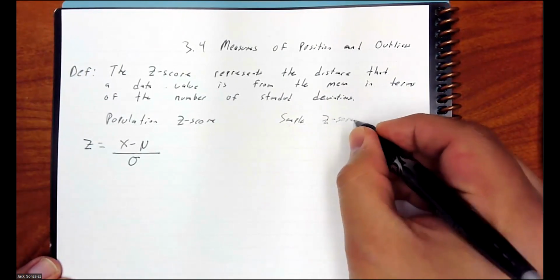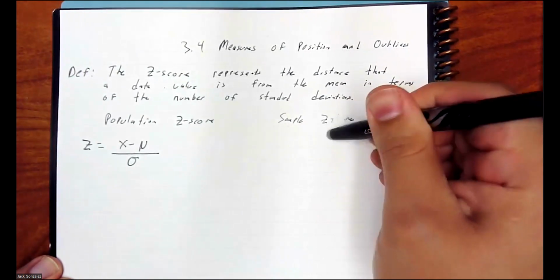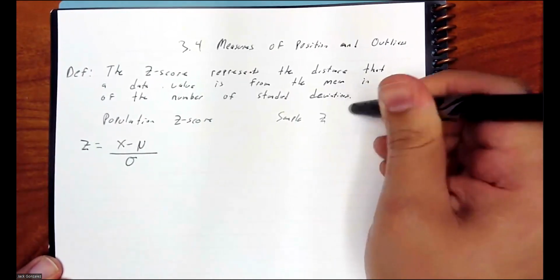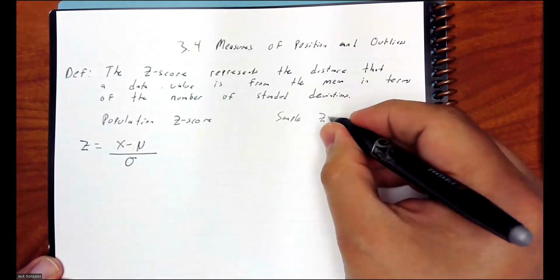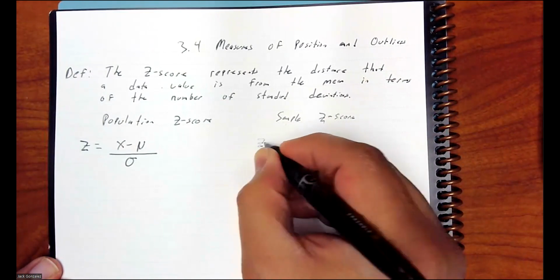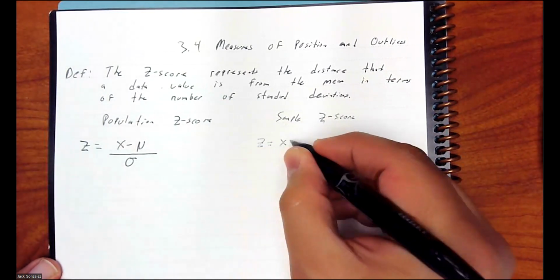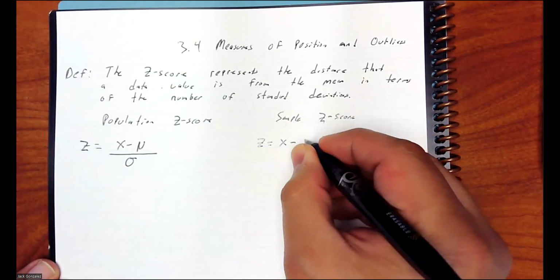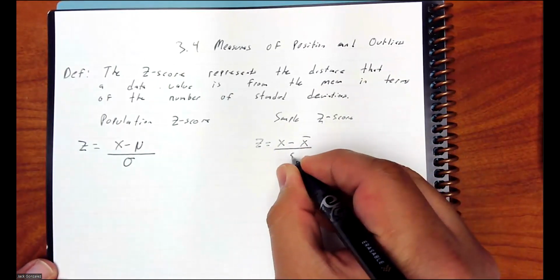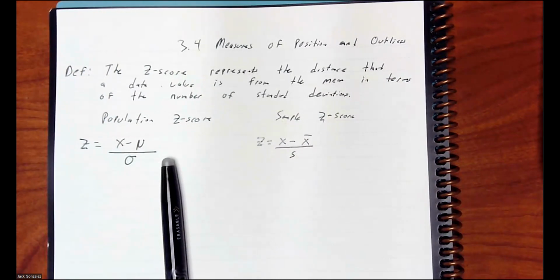It'll be the same thing, but use the appropriate formulas and symbols. So capital Z would equal X value in question minus X bar, the mean, over lowercase s, standard deviation.